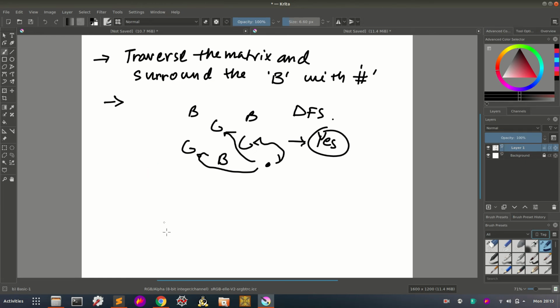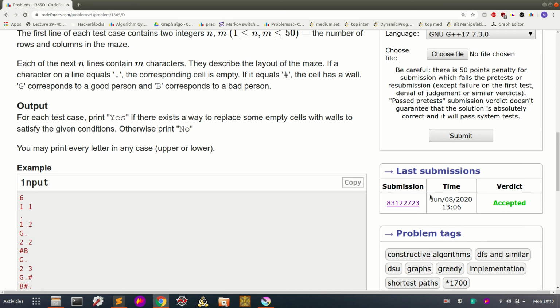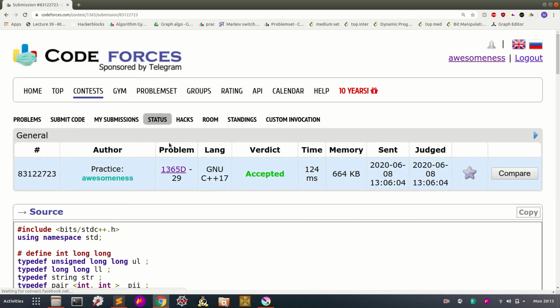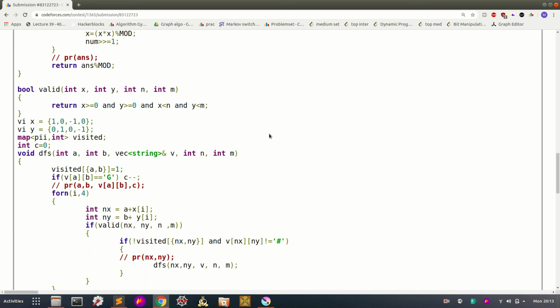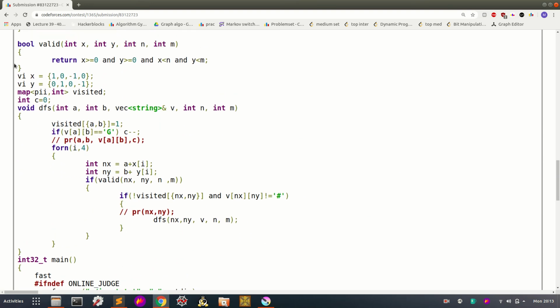So let me show you the code. This first function checks whether the coordinates that I am considering are valid or not, so it takes care if I'm going out of the matrix.